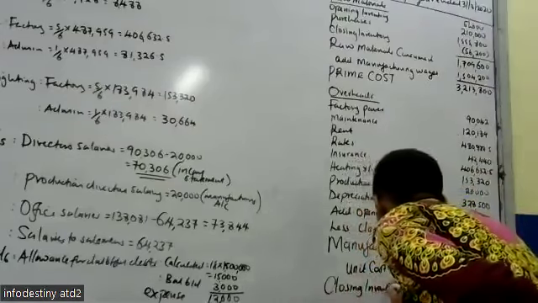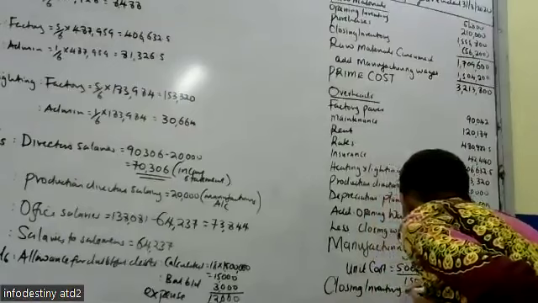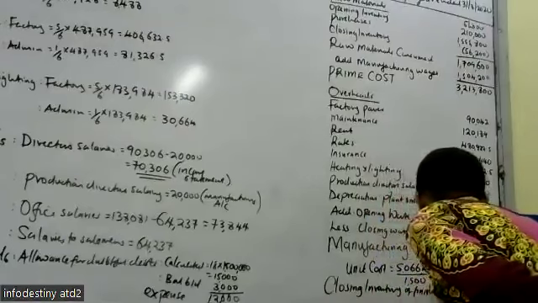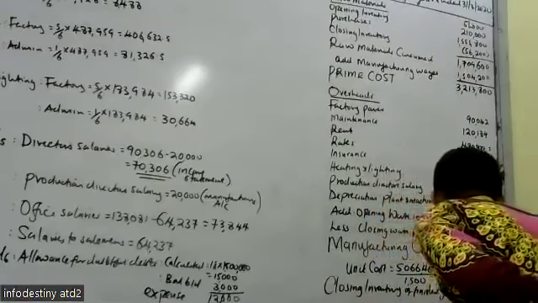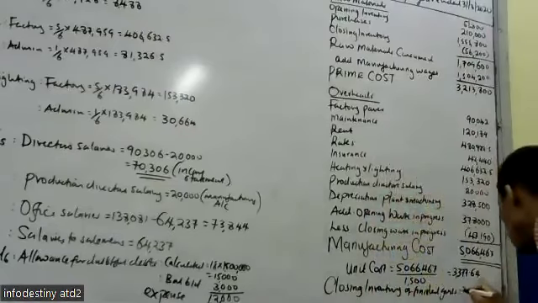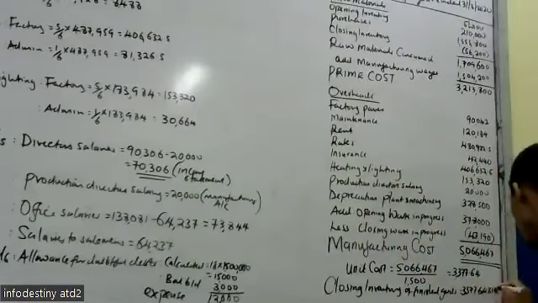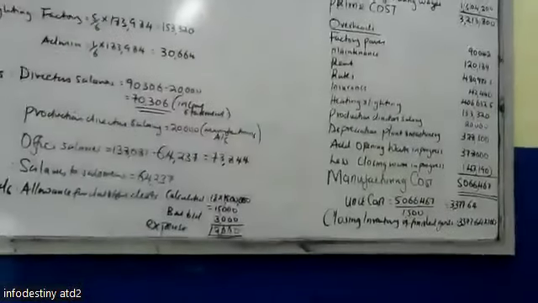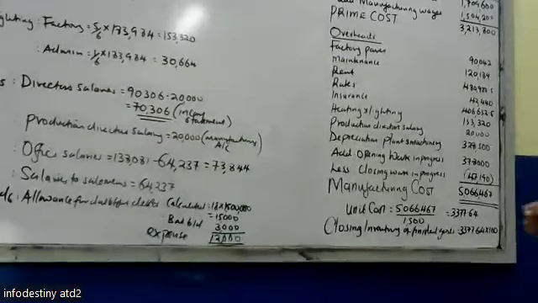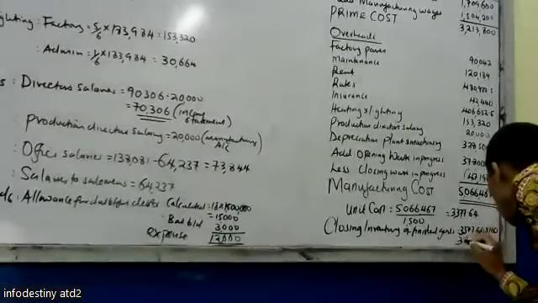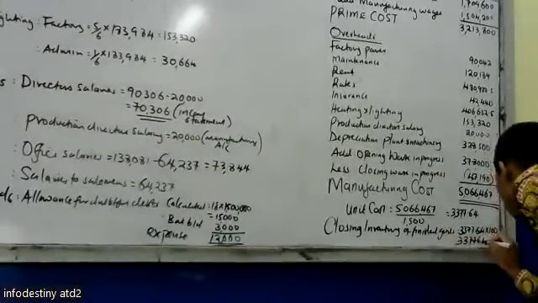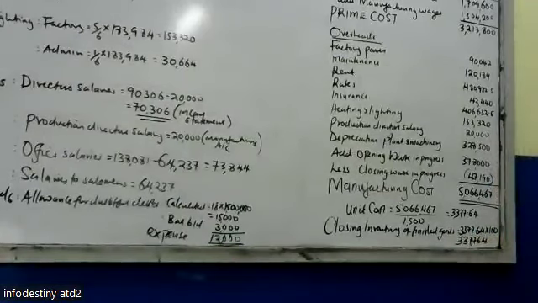Closing inventory of finished goods will be the unit cost, which is 377.64, multiplied by 100, and that will give us 37,764.